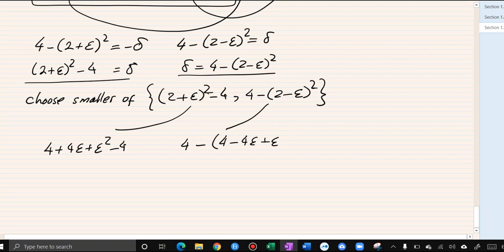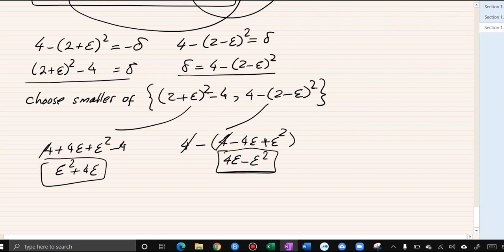Okay, and then distribute the sign. The 4's cross out that way, and then this is going to be 4 epsilon minus epsilon squared. That's what that ends up being, right? The other one is epsilon squared plus 4 epsilon, right?